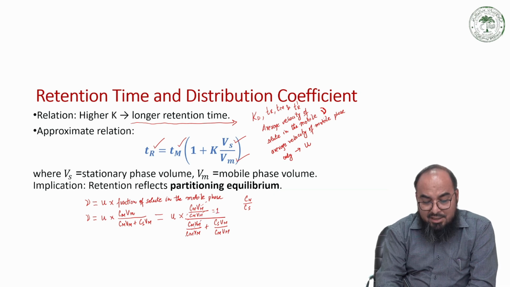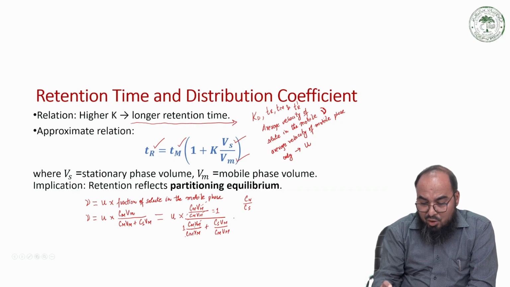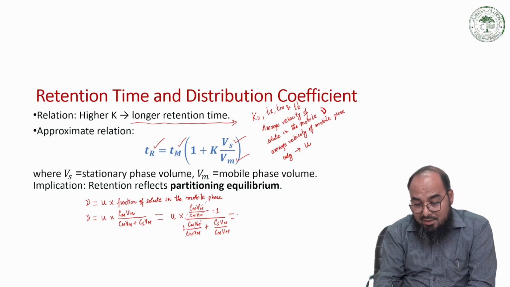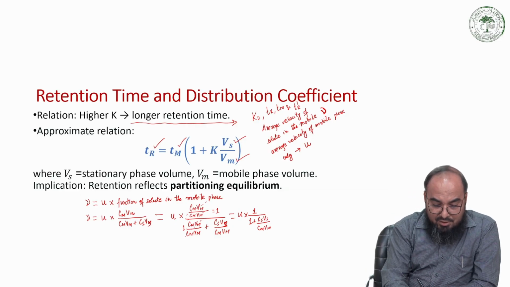This also gets cancelled because numerator and denominator are the same, and it gives you 1. If you solve it further, you will get u into 1 upon 1 plus CsVs upon CmVm.